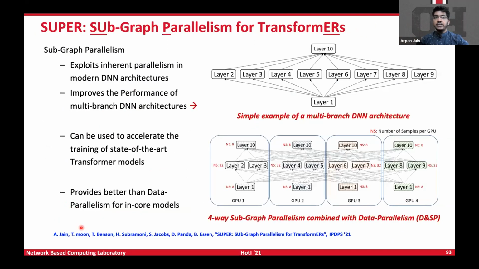So now the last case study is the SUPER. So far I have talked about convolutional neural networks. If you want to speed up the training for transformers, how can you do it? This paper was published recently in IPDPS. Actually my whole PhD is on distributed DNN training and parallelization strategies. So this is one of the papers.